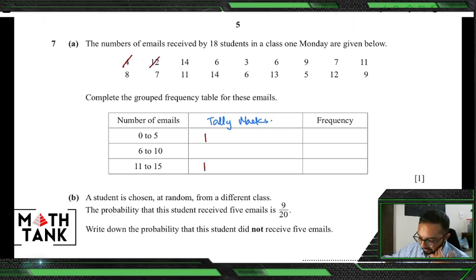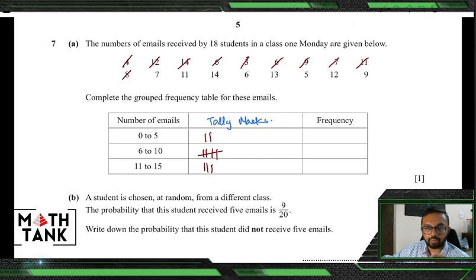12 falls into the third category, 14 falls into the third category, 6 falls into the second category, 3 falls into the first, 6 falls into the second, 9 falls into the second as well, 7 falls into the second as well, 11 falls into the third category, 8 falls into the second category. So you mark it like that.